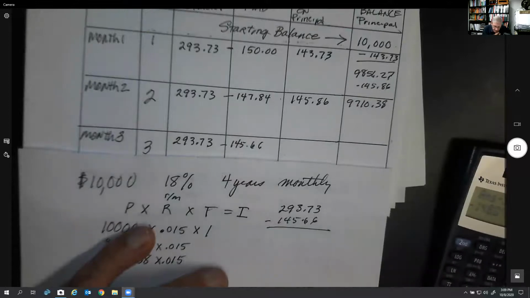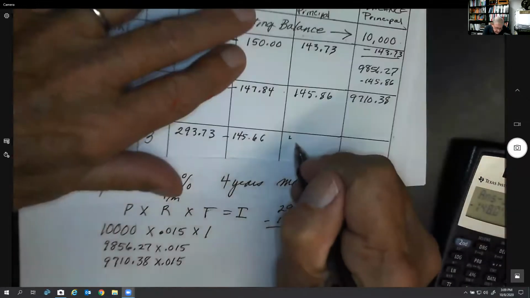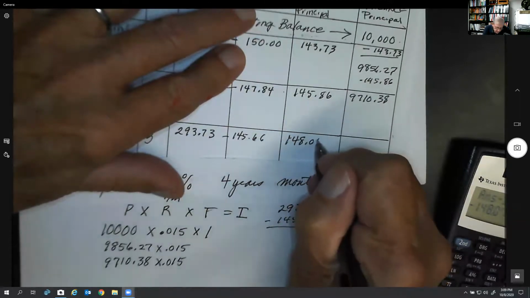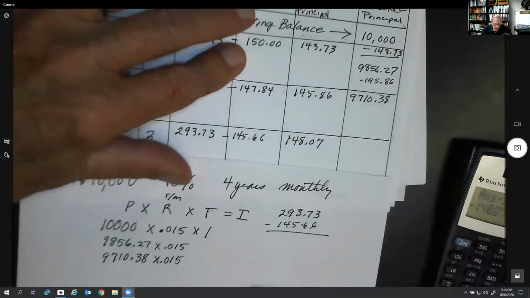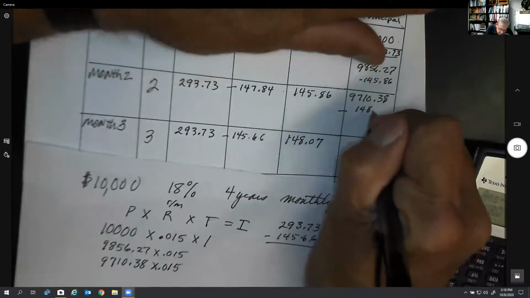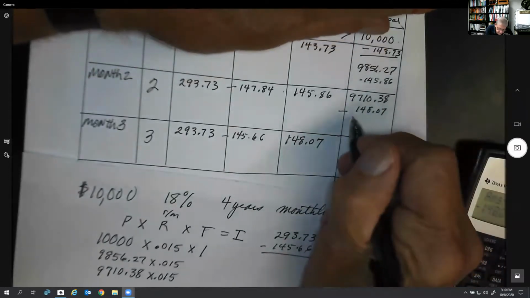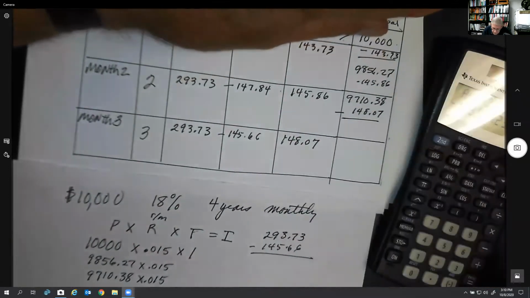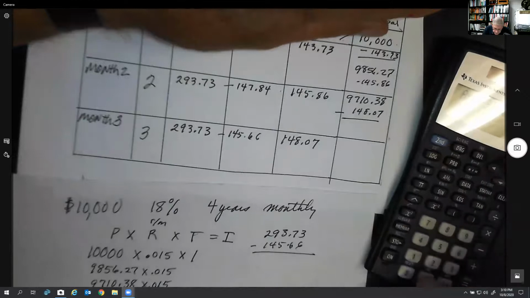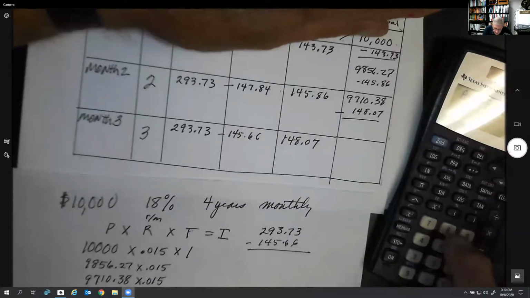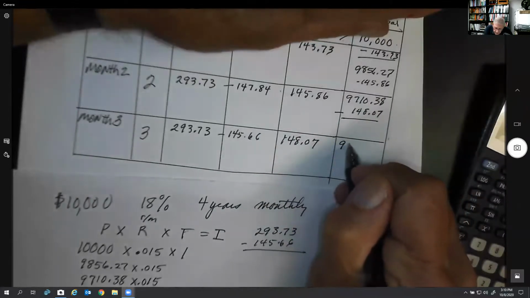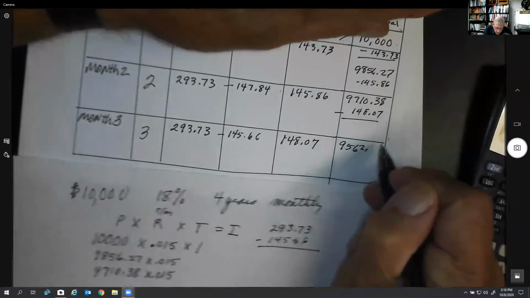So when I subtract these, I came up with 148.07. So now what I'm going to do is take this amount that I just figured out and subtract it from this amount, 9710.38 minus the 148, which should give us, if I did it right, 9562.31.